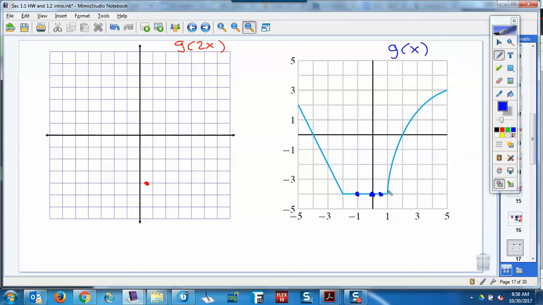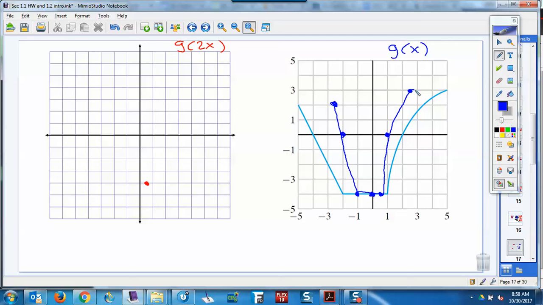I'm just going to do all the corners, the important points. How about this root? It's here at -4, that's going to be in at -2. This one out here at -5 is going to be in at -2.5. This one out here at 5 is going to be in at 2.5. This point here at 2 is going to be at 1. And there it is, there is my compression by a factor of 2.